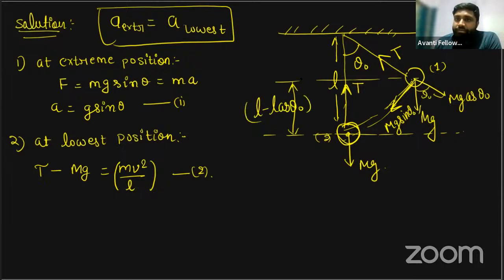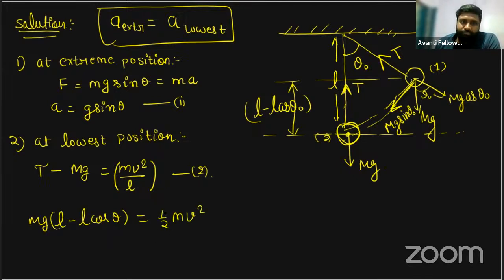I have discussed in the previous class how to get it. In this extreme position, it has only potential energy, and in the lowest position, it has only kinetic energy. So we can equate it: mg times L minus L cos theta equals what?